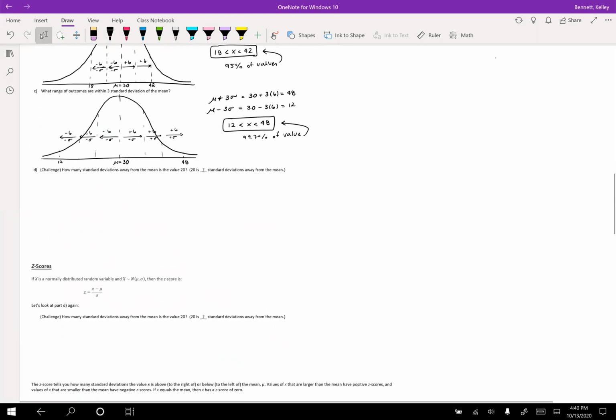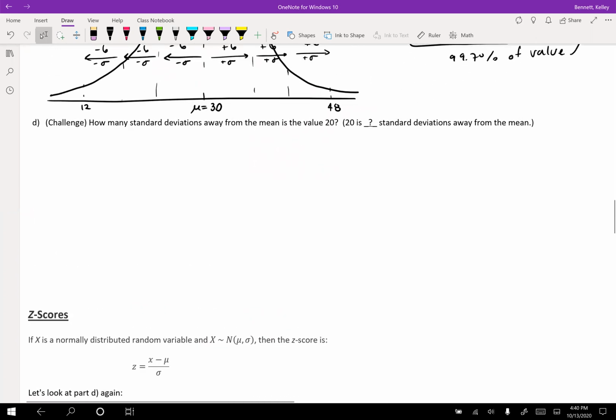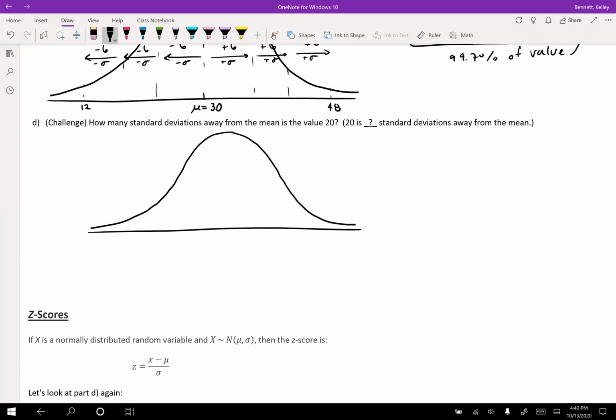All right, so now we have kind of a trick question. How many standard deviations away from the mean is the value 20? Okay, so let's look again at what our distribution looks like graphically. The mean is always at the center. Mean is 30, same problem, right? I know that if I go up 1 standard deviation, I'll be at 36.